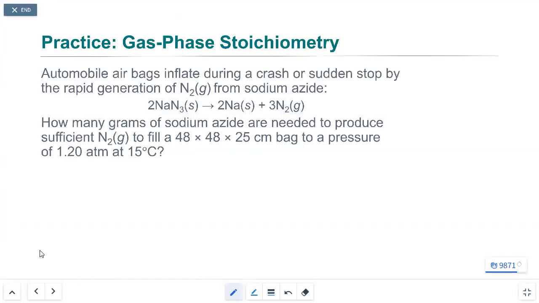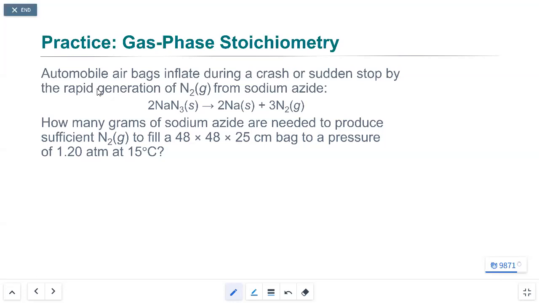But what we want to come back to is, again, this idea that we are starting with some preset amount of nitrogen. And once we figure out what that amount of nitrogen is, then the rest of the steps are just stoichiometry. Conversion from nitrogen gas to sodium azide to grams of sodium azide.